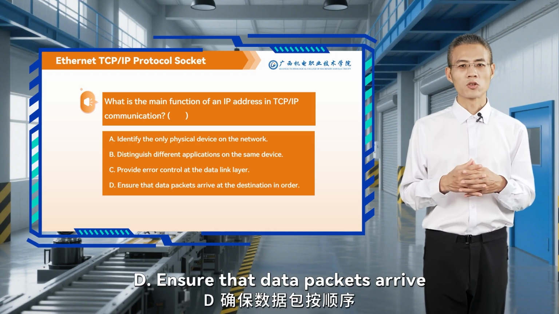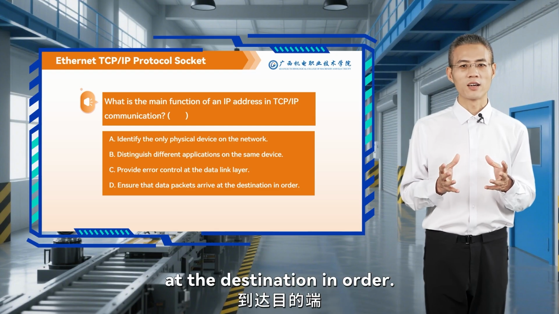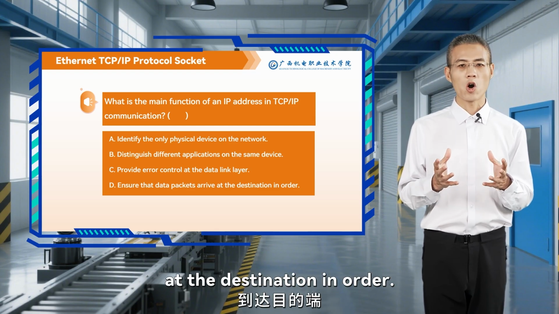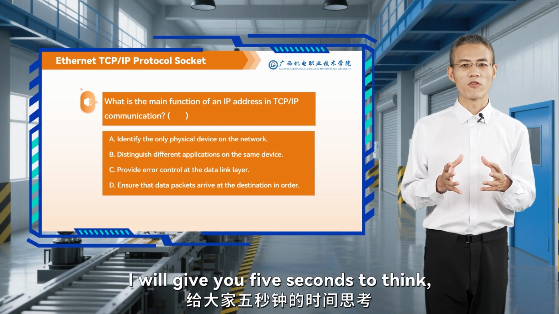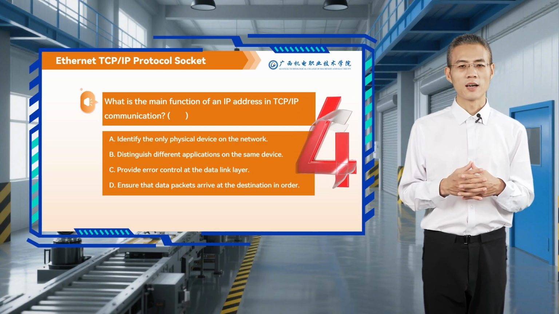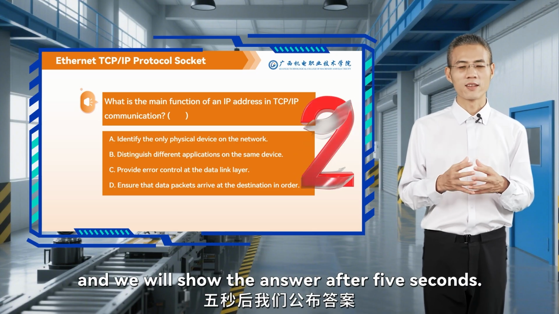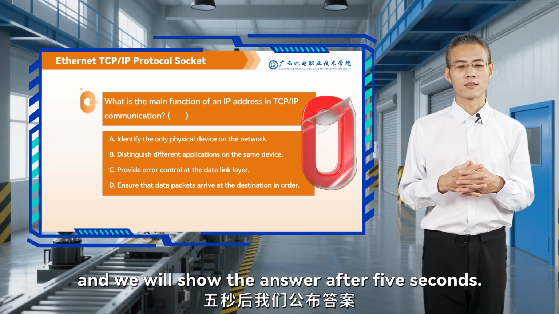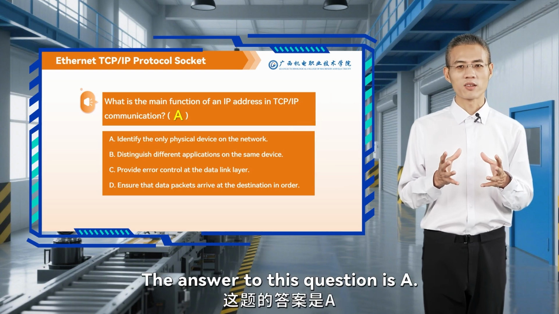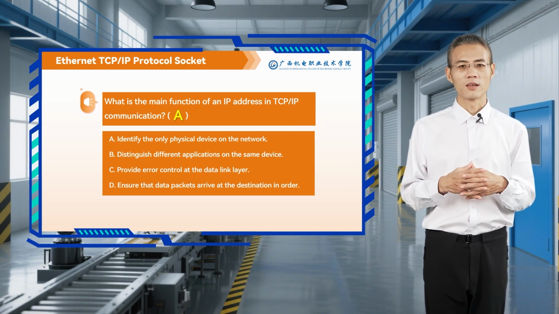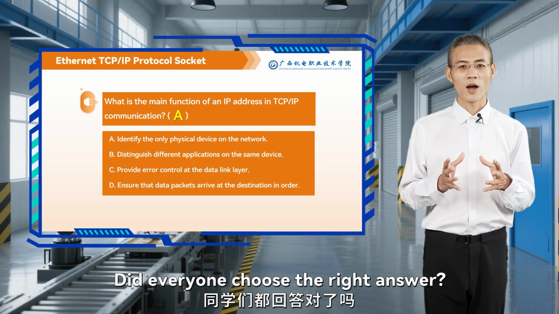D. Ensure that data packets arrive at the destination in order. I will give you 5 seconds to think and will show the answer after 5 seconds. The answer to this question is A. Did everyone choose the right answer?